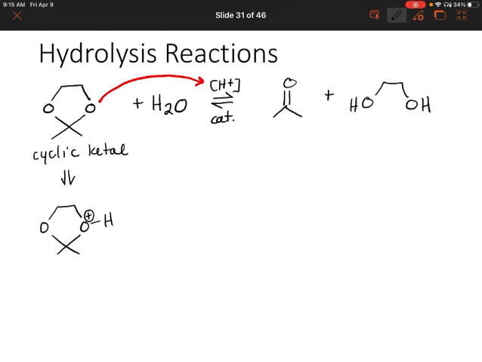And in the next step, our other oxygen, which is unprotonated, is going to create a double bond with one of its lone pairs of electrons. That's going to cause our other carbon-oxygen bond to break, and the electrons will go up to that positively charged oxygen.